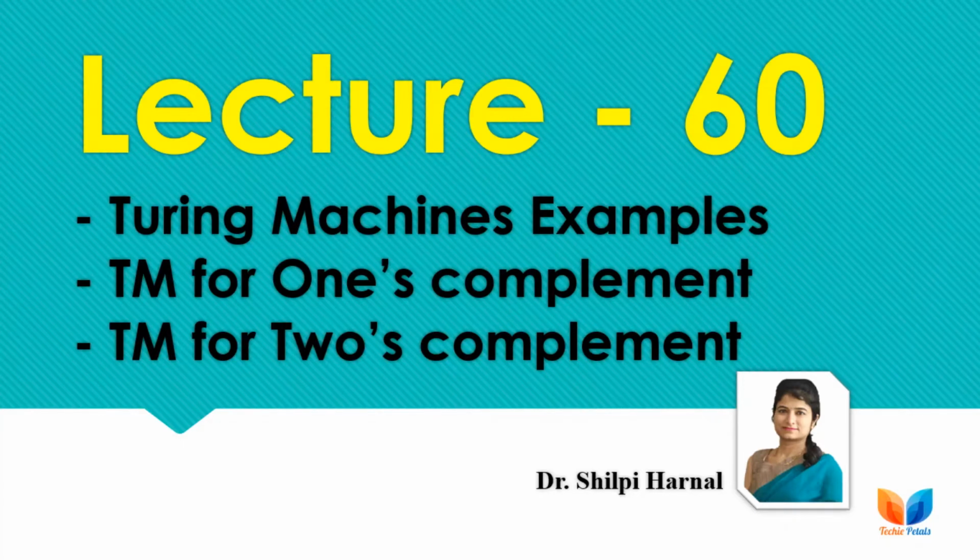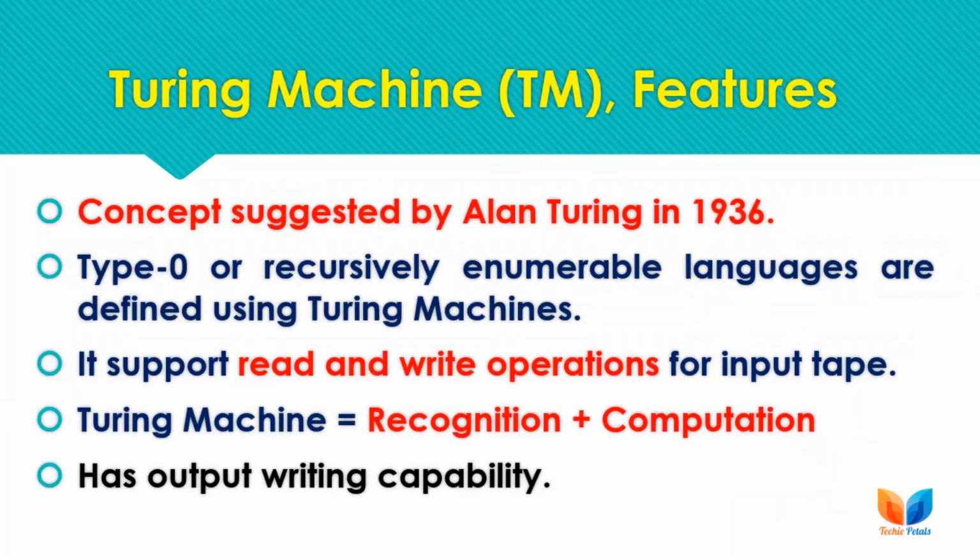But before this lecture, please go through the previous lecture for the introduction of Turing machine. The tuples and formal model of Turing machine are also discussed in the previous lecture. Here we are just summarizing the Turing machine features. The concept was suggested by Mr. Alan Turing in 1936, and the Turing machine corresponds to the type 0 or recursively enumerable language.